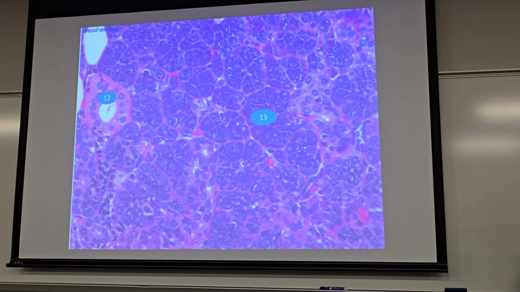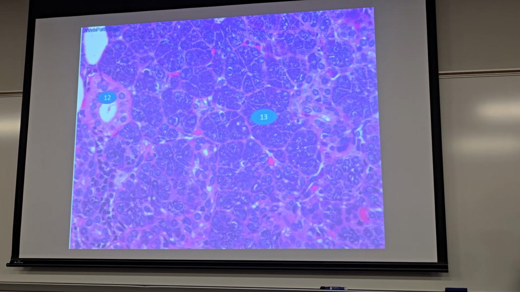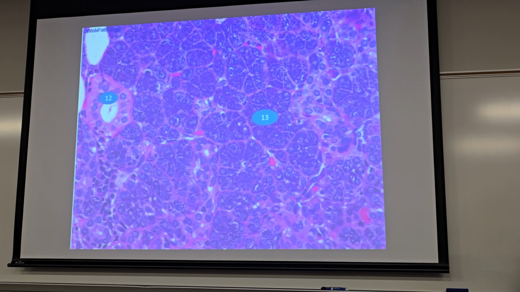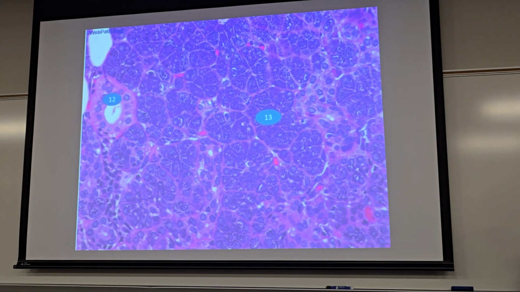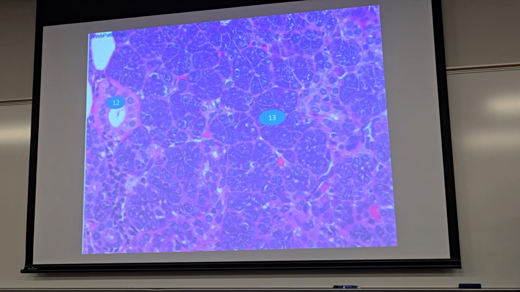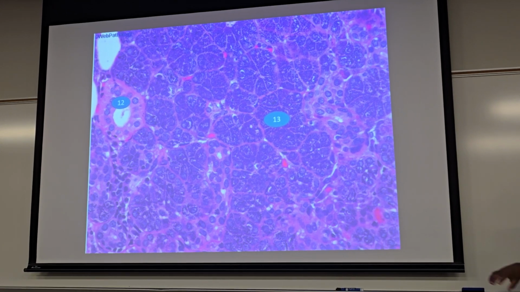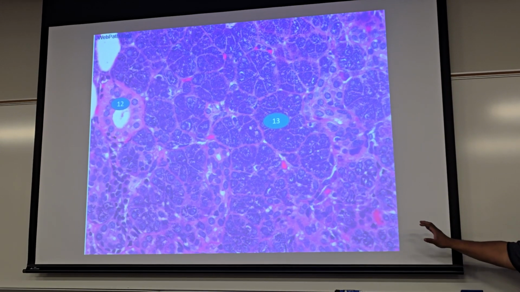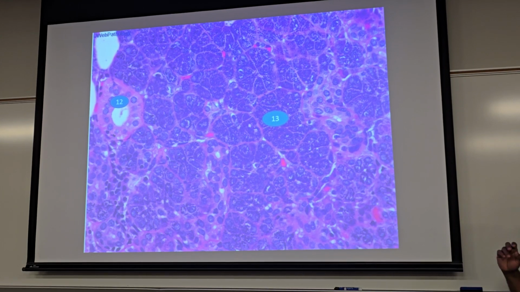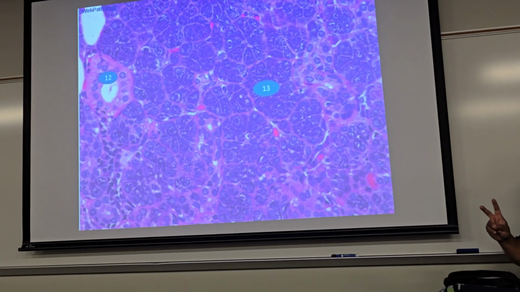Okay, so this one is identify the slide. No, that's a parotid. Okay, all right. So my rules about the parotid, the submandibular and sublingual: we look for two types of acini, right?